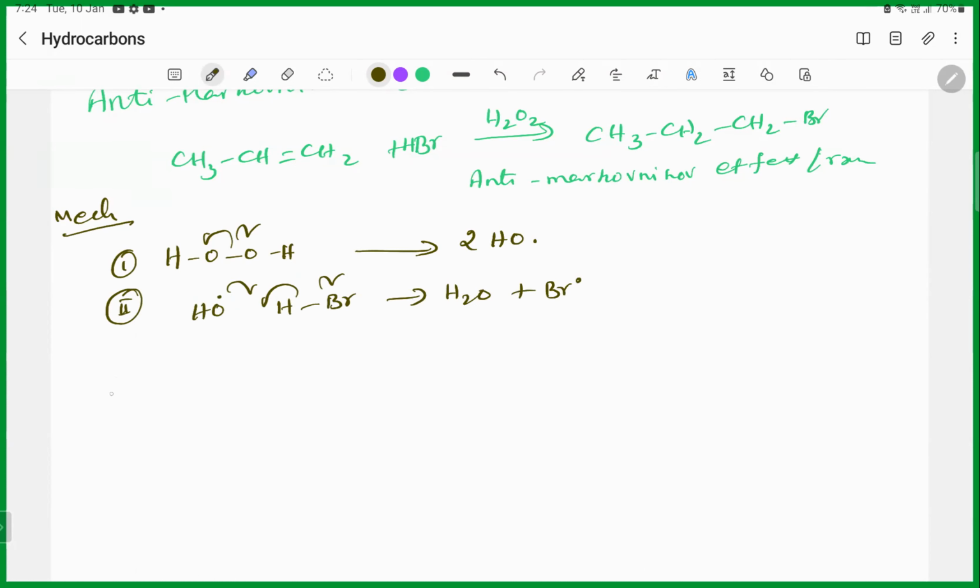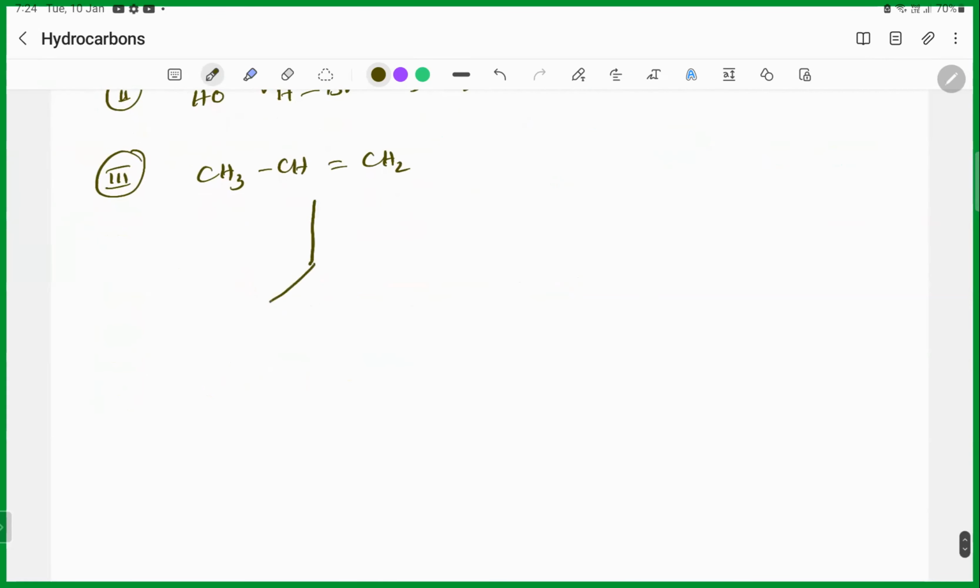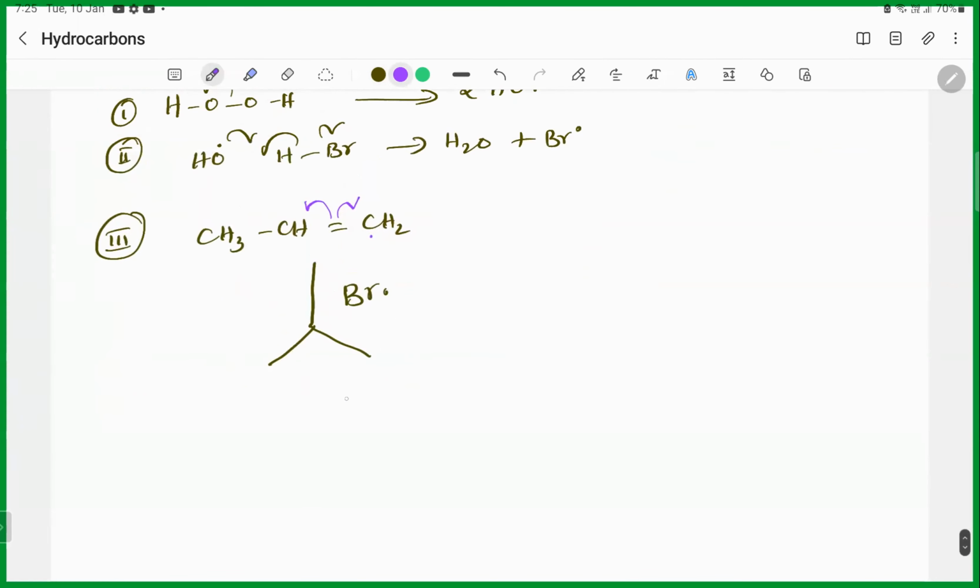And in step 3, you have the alkene CH3, CH double bond CH2. When you add Br dot, you will get two different products. Number 1, it will cleave like this and give CH3, CH dot, CH2Br.